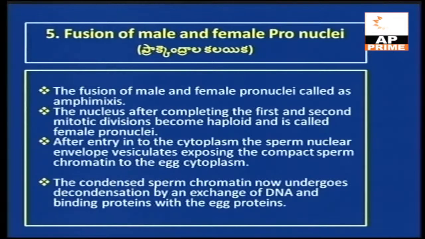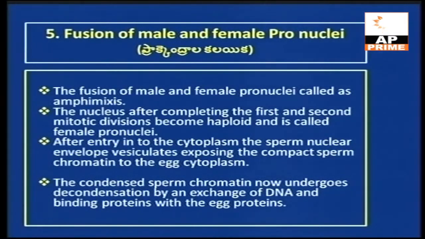After this approach of the sperm towards the egg, they are ready to fuse with each other. Here, the female pronucleus and male pronucleus are formed. The nucleus, after completing the first and second meiotic divisions, becomes haploid and is called the female pronucleus.